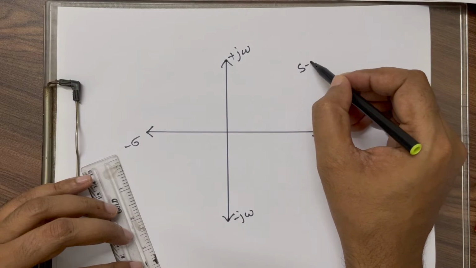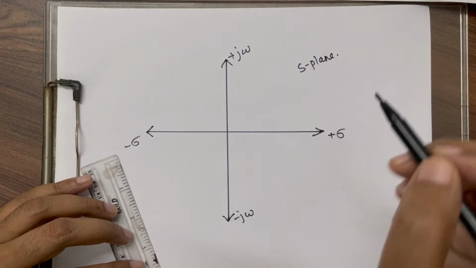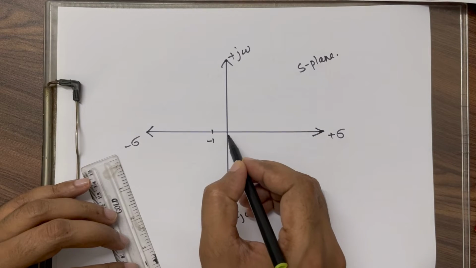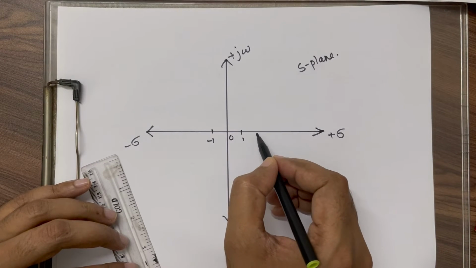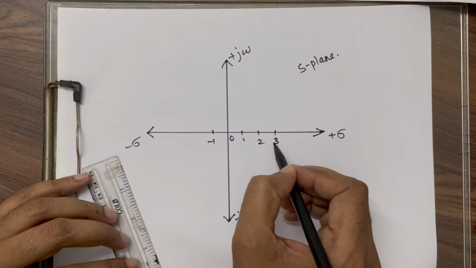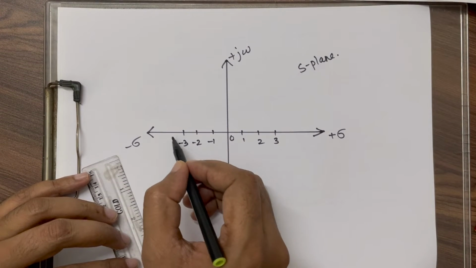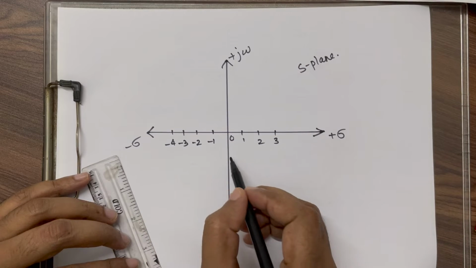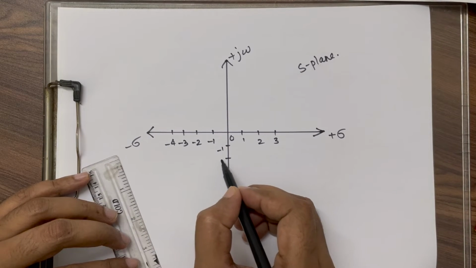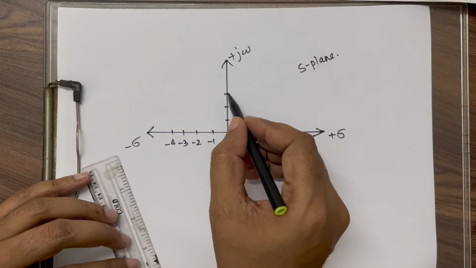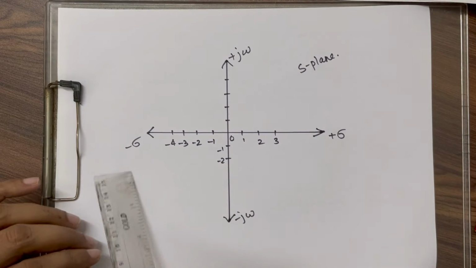Overall it is known as the S plane. Now the points are -1, this is 0, then this side is +1, 2, 3 and so on, and -1, -2, -3, -4 and so on. We have the points this way.